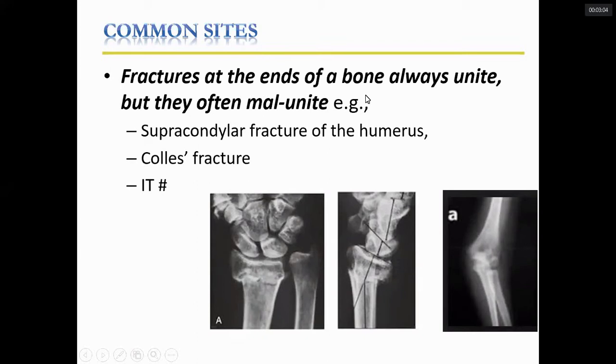In the metaphyseal area where there is cancellous bone, the tendency of a fracture to heal is much more than in cortical bone. So the fracture will unite, but if not properly treated, it can go into malunion.